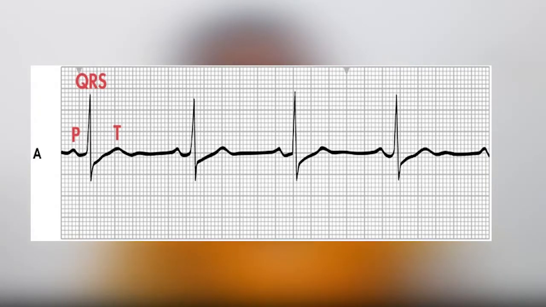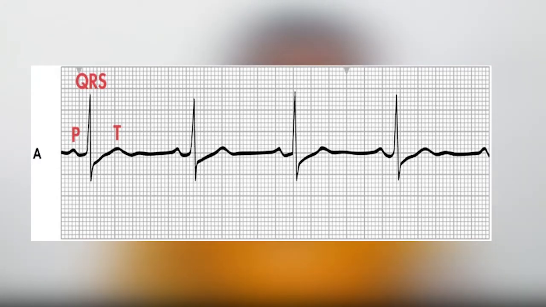Now about the QRS. Shape and duration are usually normal, but may be abnormal. But they follow a regular pattern, even if abnormal. Again, the PR interval is consistent, between 0.12 to 0.2 seconds.